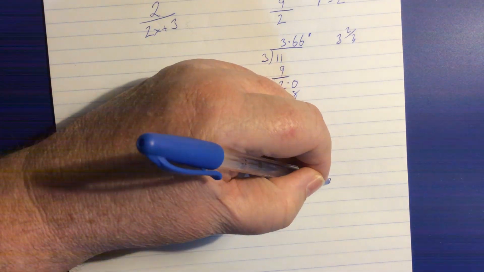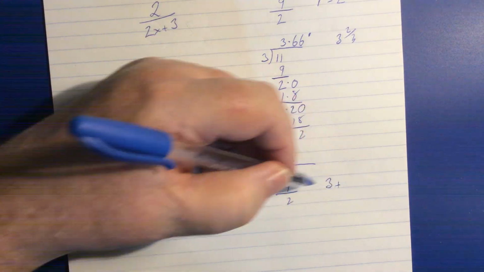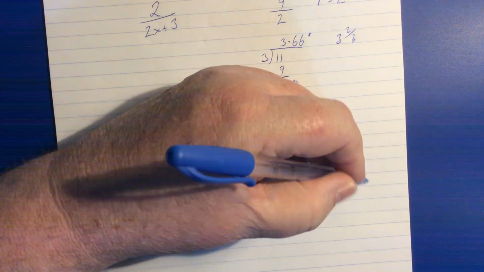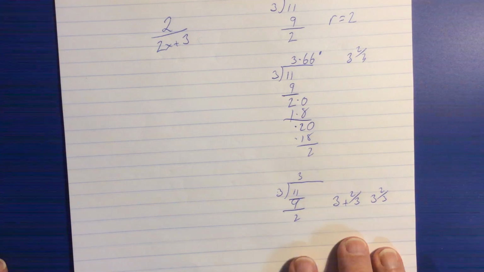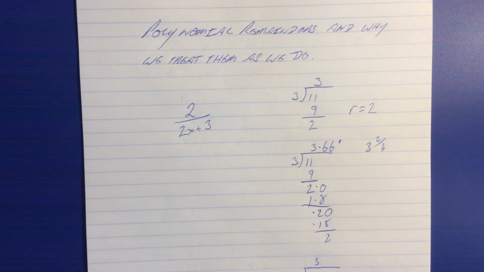And so 3 goes into 11 3 times, plus the remainder 2 divided by 3, or 3 2/3. And what you just saw there is what you see here. It is a perfectly accurate way of describing what a polynomial divided by another polynomial equals when there is a remainder.